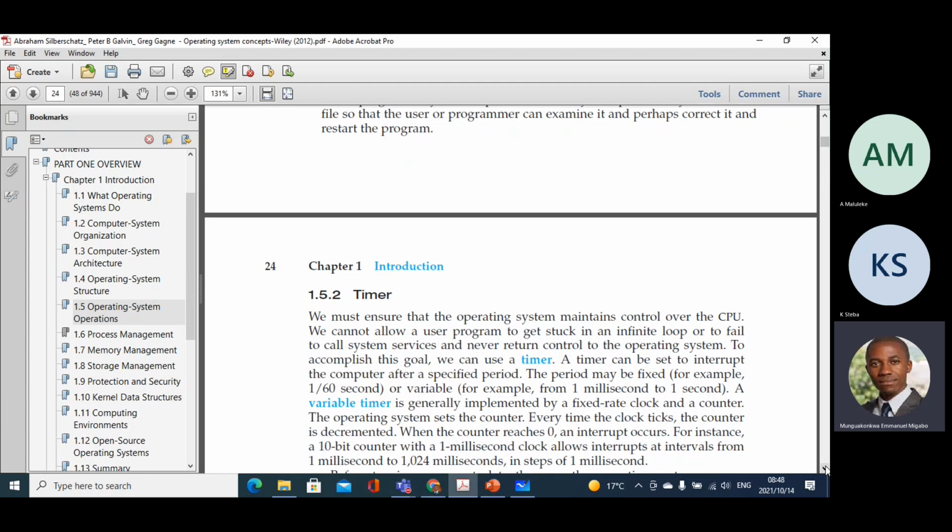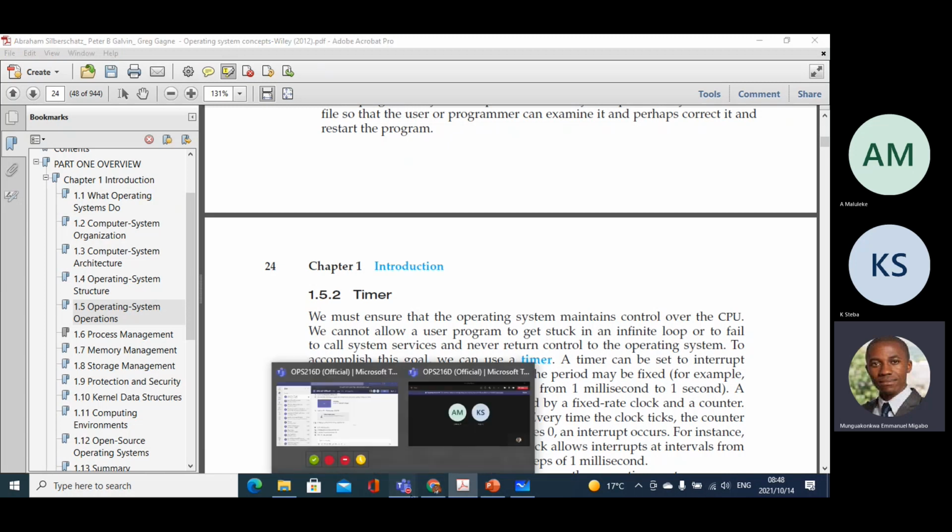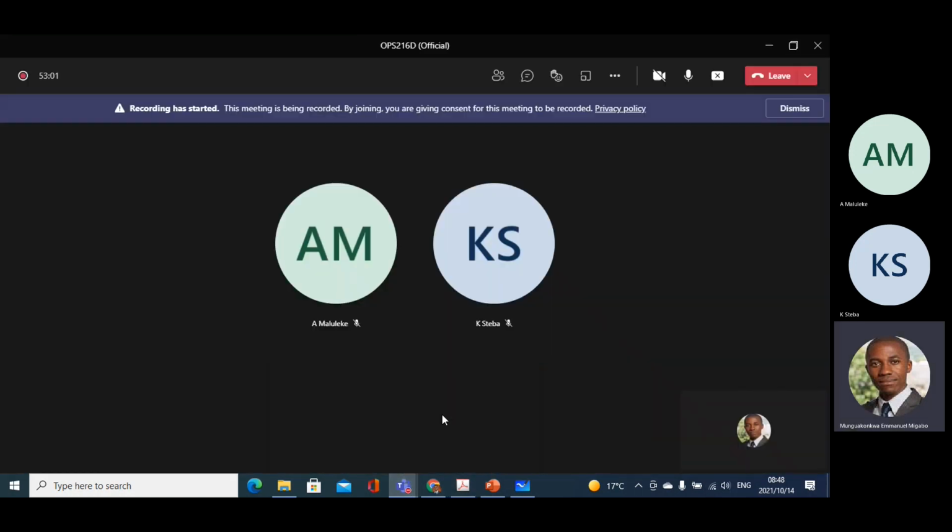How does the operating system handle the fact that we don't allow a program to be stuck in an open loop? Anyone who has an idea there? How would the operating system handle that? How would the operating system ensure that we are never stuck in an infinite loop as it executes?